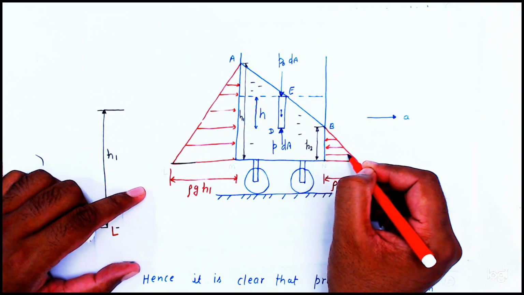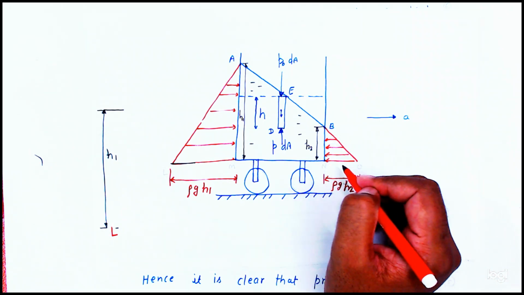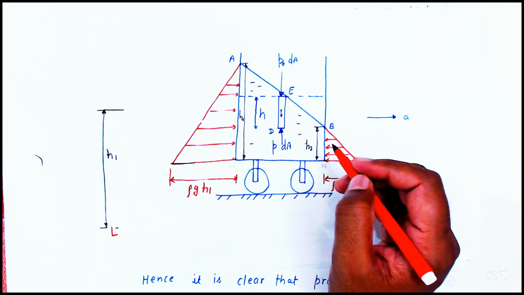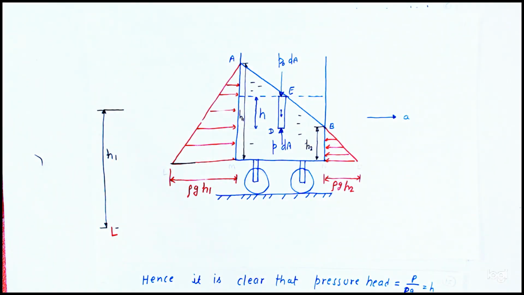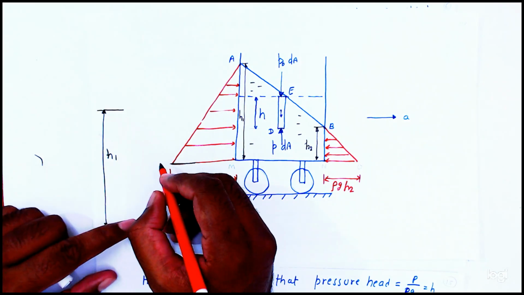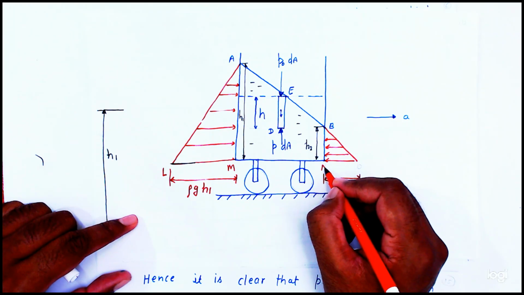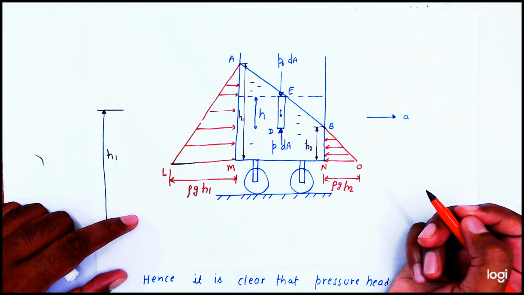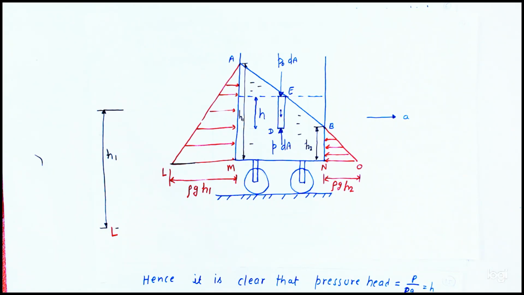So at this point pressure forces will work in this direction, and at this point pressure forces will work in this direction. This is the pressure diagram. Let's assume this point is L, M, and this point is N and O. Okay friends, getting?